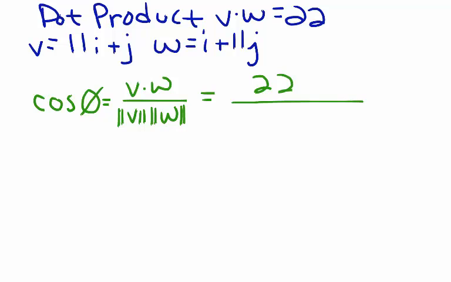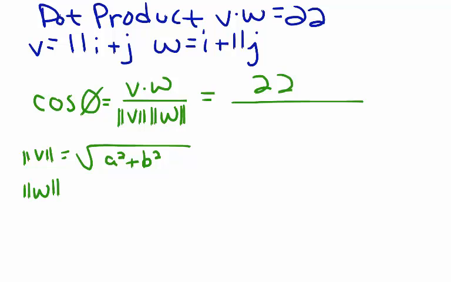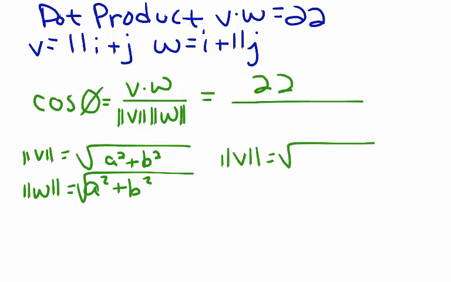If I want to find the magnitude of v, I can find that by taking the square root of a squared plus b squared, and similarly for w. So for vector v, the magnitude is equal to the square root of 11 squared plus 1 squared.